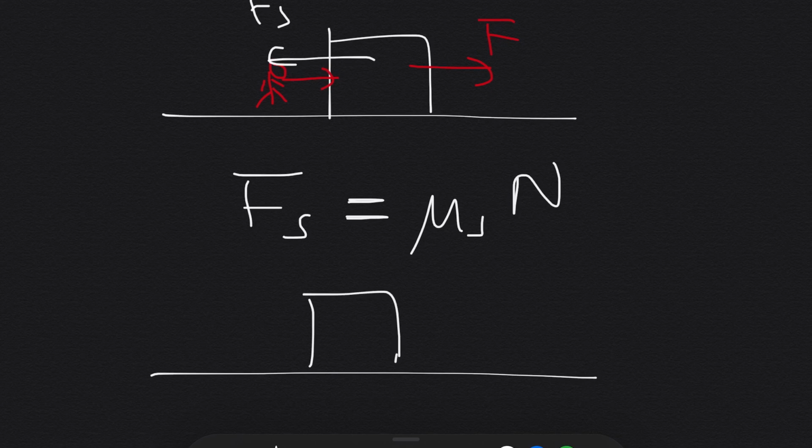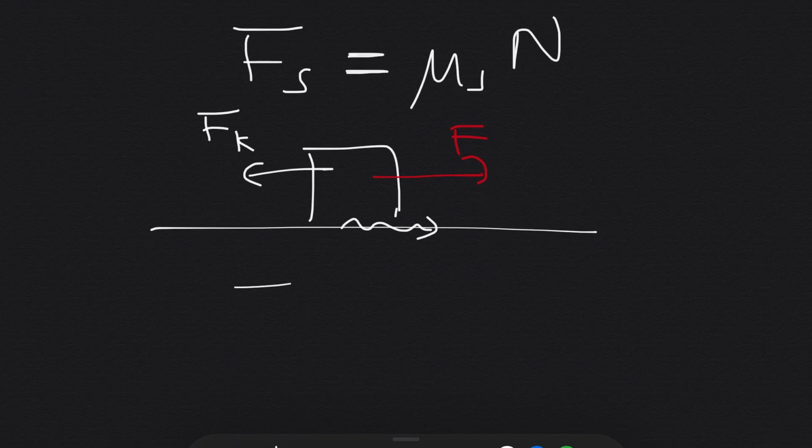Now, let's say the person works out a bit and becomes a bit stronger and is able to finally get this block moving. So the force that they're using is actually pushing the block. The block is starting to move finally. Now, we have to use a different friction force. We can't use static friction anymore. We use something called kinetic friction, which I'll call Fk.